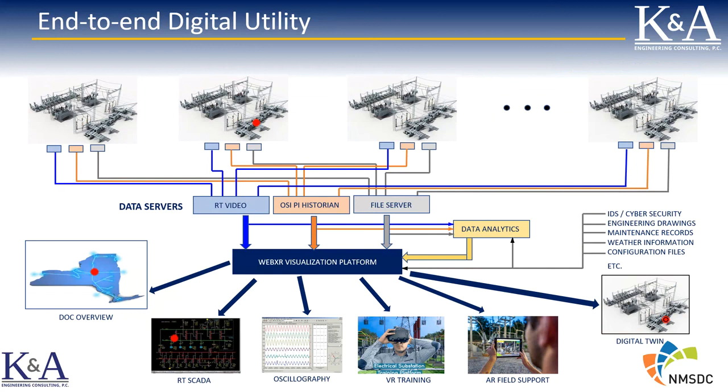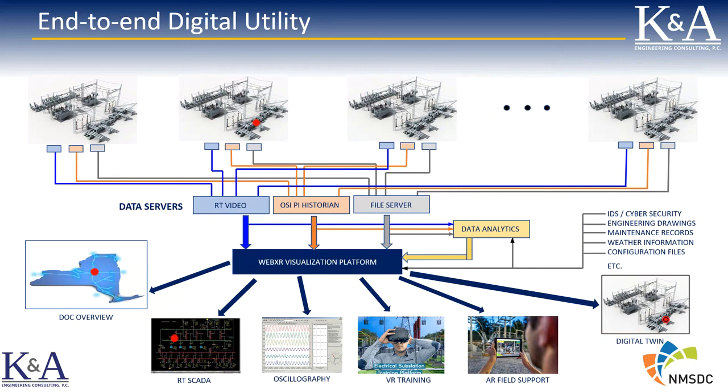And you do that by setting up a bank of dedicated data servers. Typically, you'll have different data servers for different types of data coming in. Here we're showing real-time video servers, a Pi Historian server, and just a general file server for on-demand information that you call up from the substation.